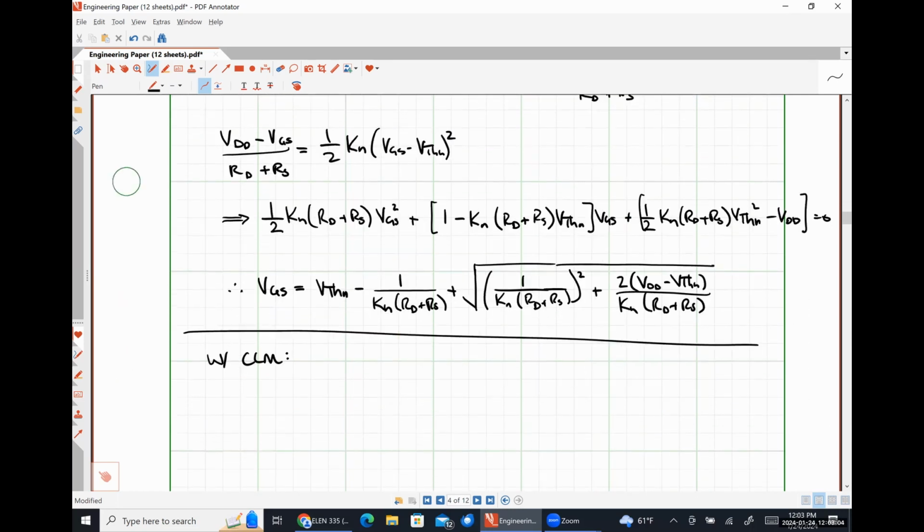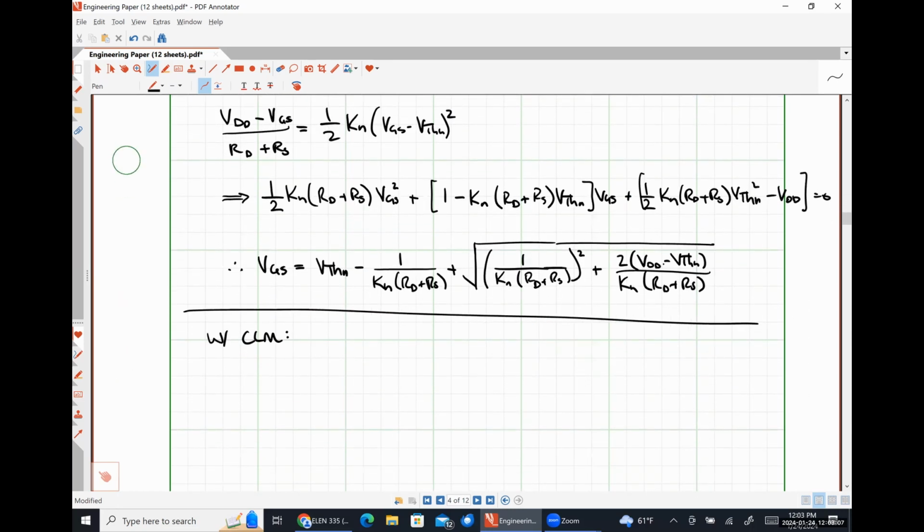So with channel length modulation included, we wind up getting VDD minus VGS over RD plus RS is equal to 1/2 KN times VGS minus VTHN squared times 1 plus lambda VGS, which is a third order polynomial in VGS.